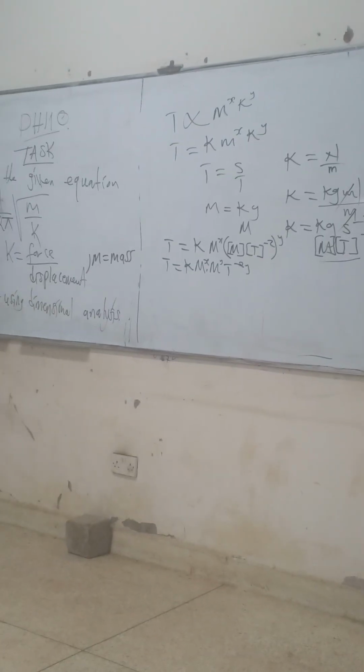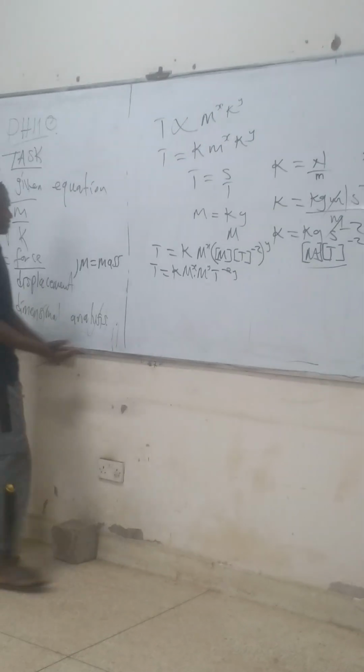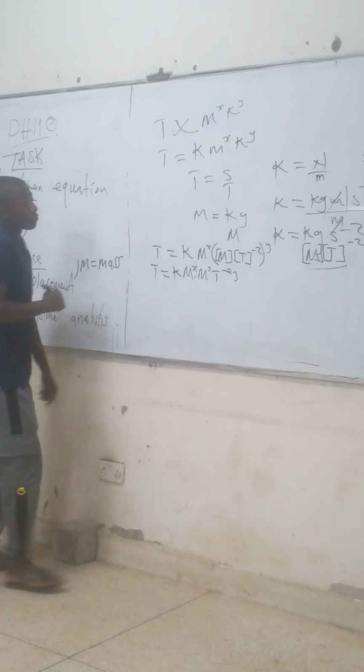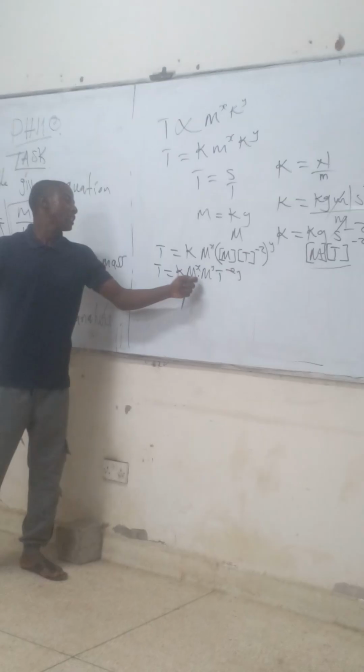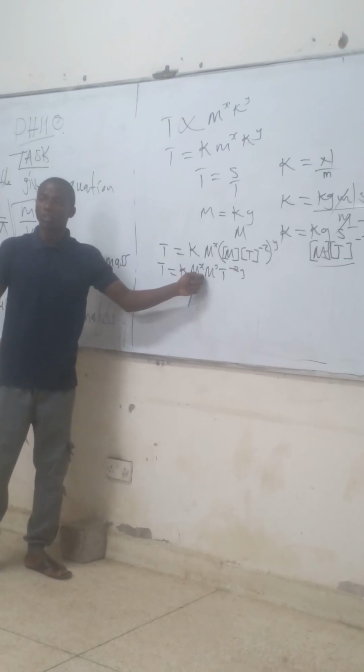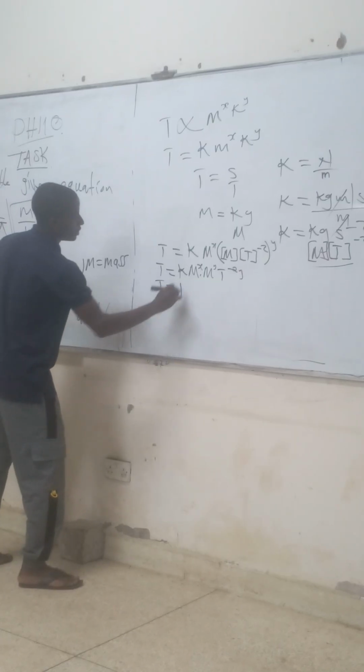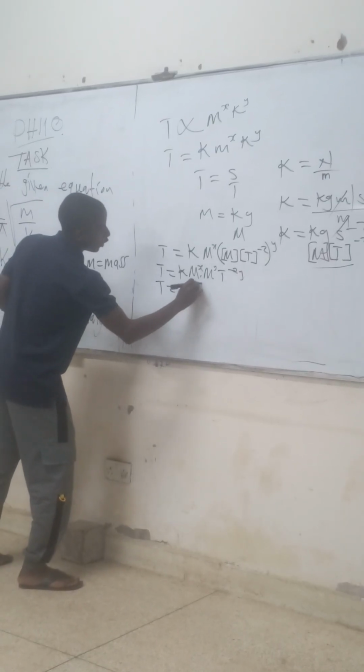Now what you are going to do is collect like terms. In this case, we are having like terms. Under laws of indices, this is the multiplication symbol, so you are going to add the powers, which is T = k m^(x plus what?